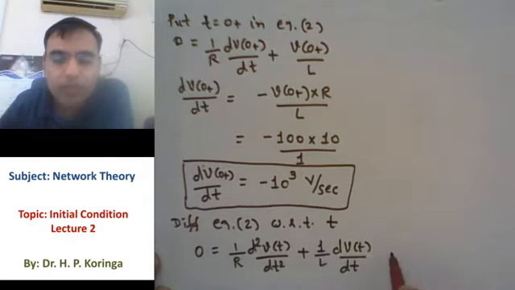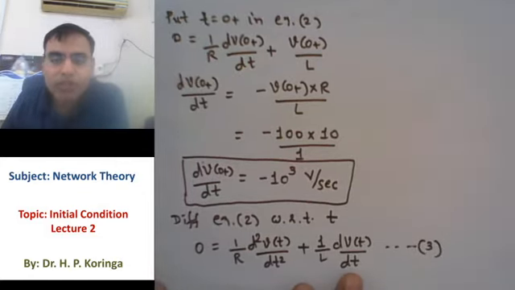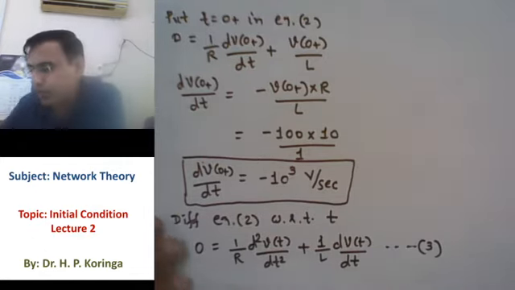Let us call this equation 3. Now put t is equal to 0 plus in equation 3, we will get d square v0 plus divided by dt square.